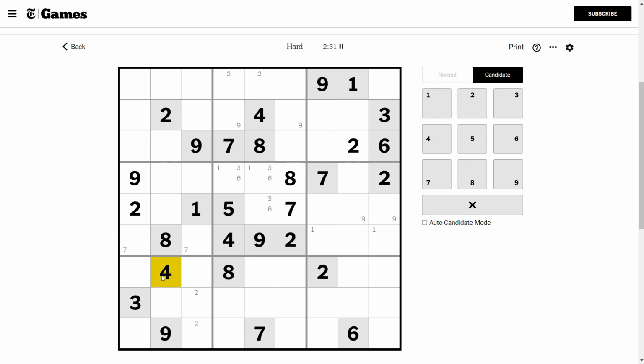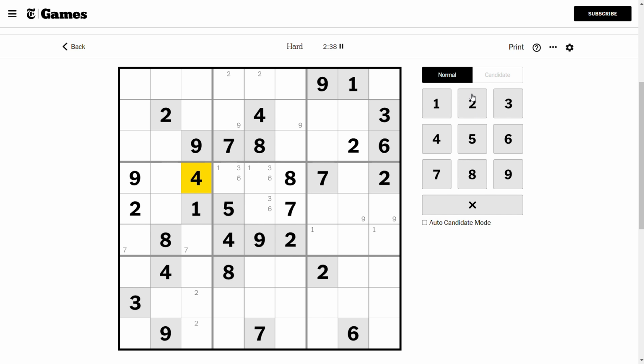This 4 points left, and this 4 points up. So in block 4, the digit 4 is forced into this cell. These 4s point up, and this cell sees 4.